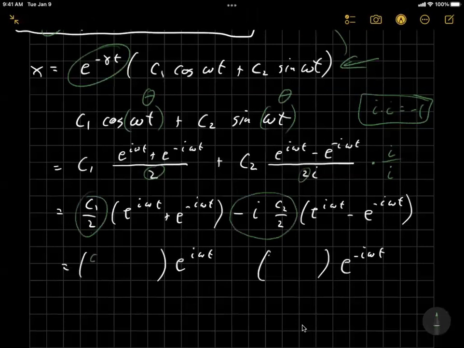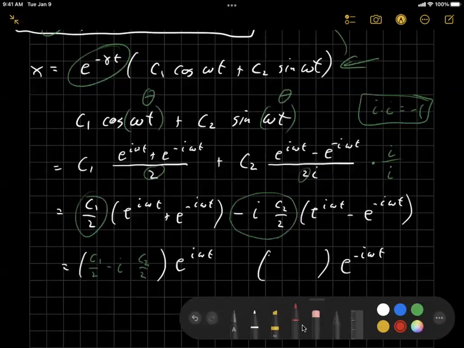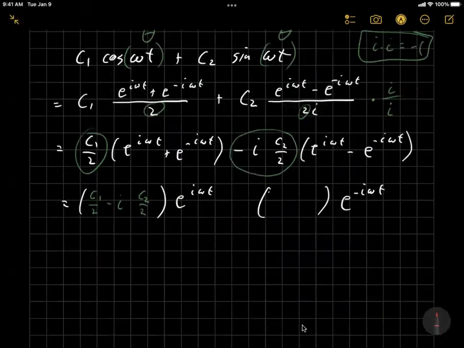So let me write those in here: C1 over 2 minus I times C2 over 2. Now let's figure out how many of the e to the negative I omega t's I have. So I'll put plus there, and once again I have C1 over 2 of them from the first term, and from the second term I have a double negative, so it will be plus I C2 over 2.